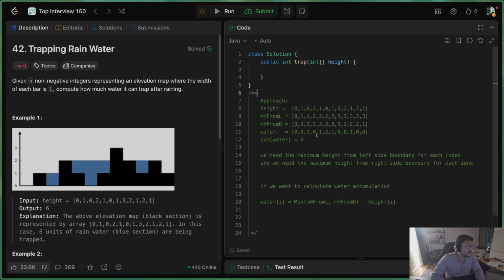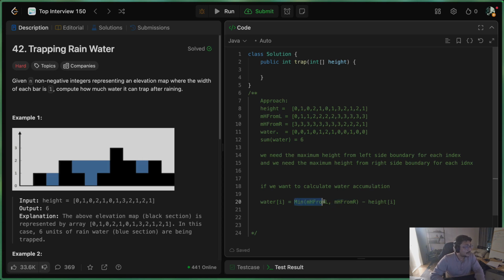The key thing to notice here is that since we are taking a minimum of max height from left or max height from right, let's say the max height from left is currently 0 or 1. Since we are taking a minimum here, it does not matter what max height we receive from the right hand side, because any height greater than 1, if the max height from left is 1, will automatically be ignored.